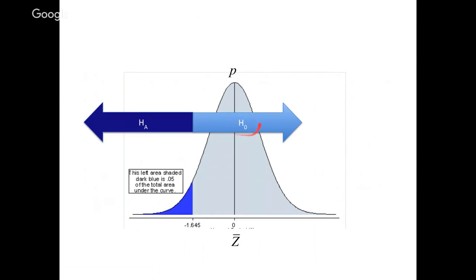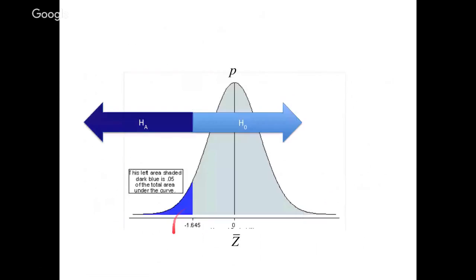We accept the null hypothesis. If it's less than minus 1.645, so our rebar strength is getting much less than the 38, then we're going to accept the alternative hypothesis, which means we reject the null hypothesis and send the lot back.